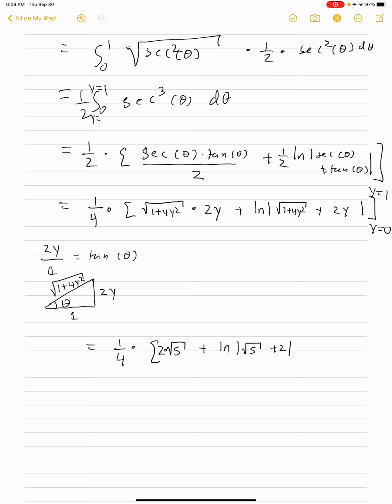And when y equals 0, everything there is going to be 0, so I could do minus 0. But this is going to be our answer. This is the length of the curve.